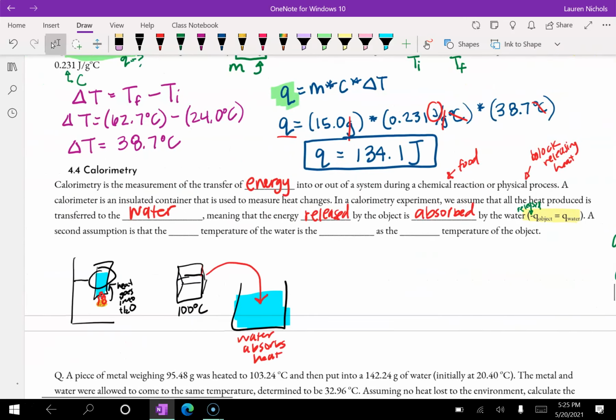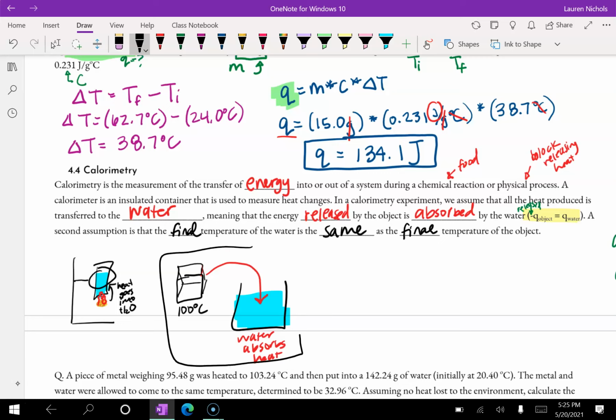And the second assumption that we make is that the final temperature of the water is the same as the final temperature of the object. Now that's specific for this type of experiment, because when you put the metal block in the water, if you have a thermometer, this is my beautiful drawing here, the thermometer is going to start to go up, and eventually it'll reach the highest point, and that's where the water and the block are the same temperature.